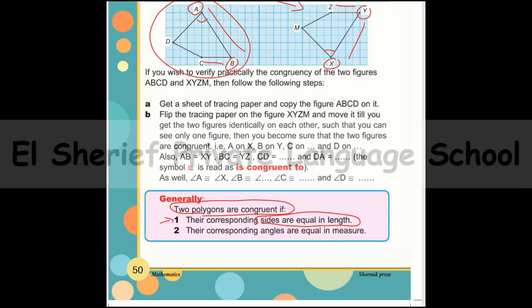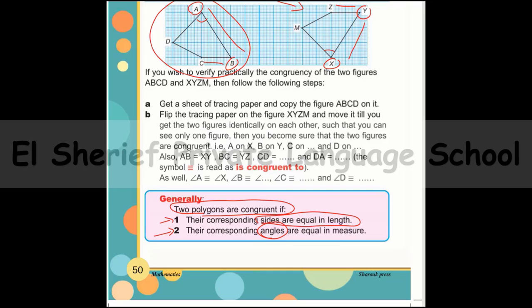All the sides are equal in length. And their corresponding angles are equal in measure, like angle A congruent to angle X, angle B congruent to angle Y, angle C congruent to angle Z, and so on.